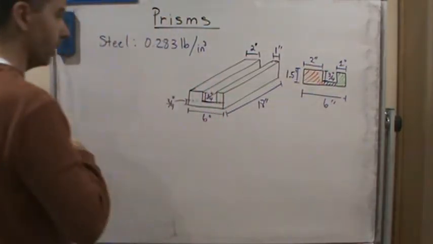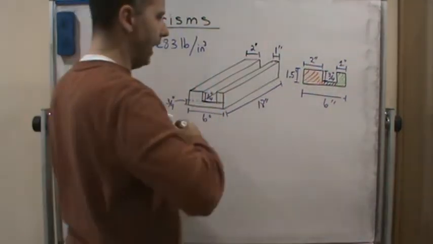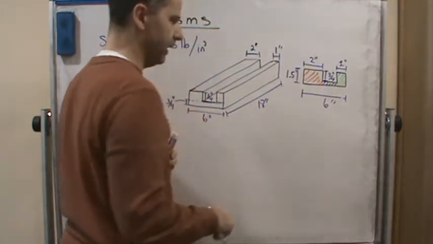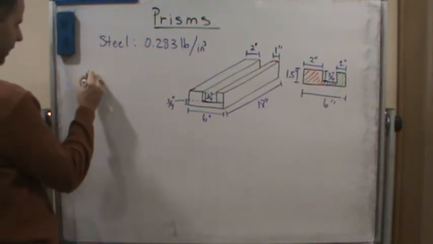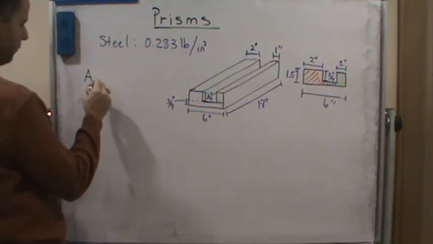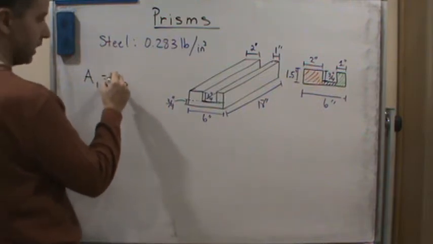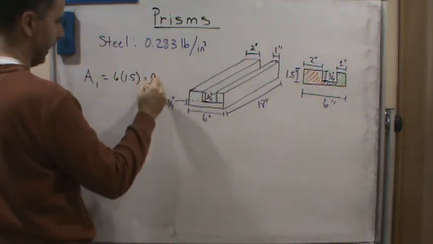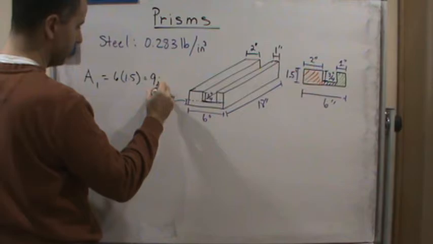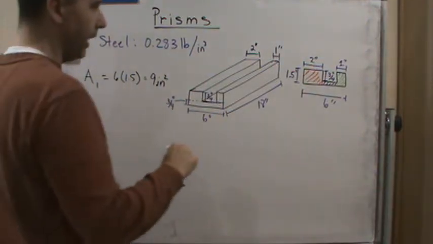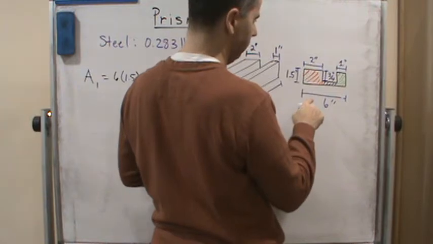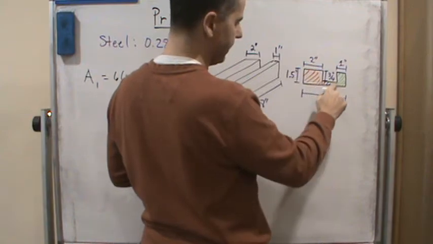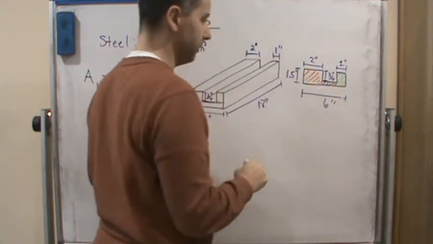So I'm going to go ahead and do the big rectangle. So I know the big rectangle is going to have a width of 6 inches and a height of 1.5 inches. So let's do that area. So area 1, I'll call it. And so that's going to be 6 times 1.5, which is going to equal 9 square inches. And then the area of this smaller piece, well, if this is 2 inches and this is 1 inch, that means the length of the cutout is 3 inches.